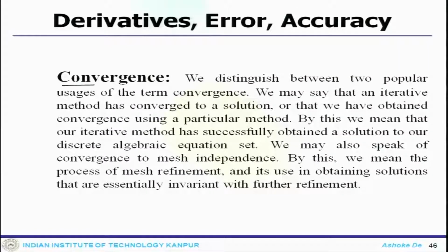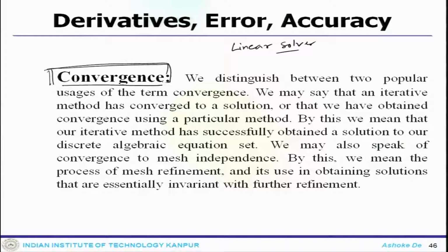Finally, convergence. There are two types of convergence. One may say how my linear solver has converged, that means the convergence of the linear solver. Others may say that when I keep on refining the grid, the solution has converged.